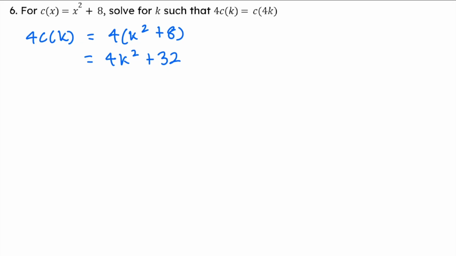Now for the right-hand side, c of 4k. Now, I have a question for you. I want you to think about this. Well, c of 4k, we're plugging in 4k for x in c of x. Will this be equal to 4k squared plus 8, or quantity 4k, squared, plus 8?